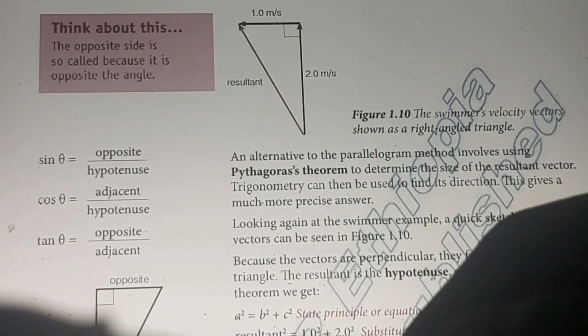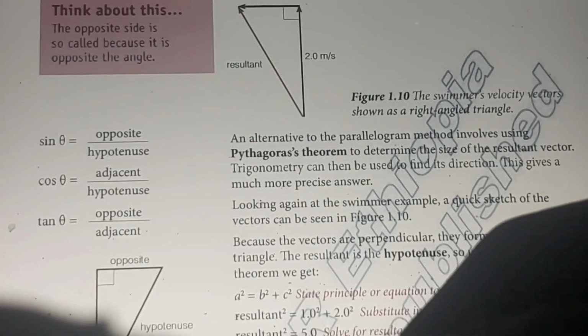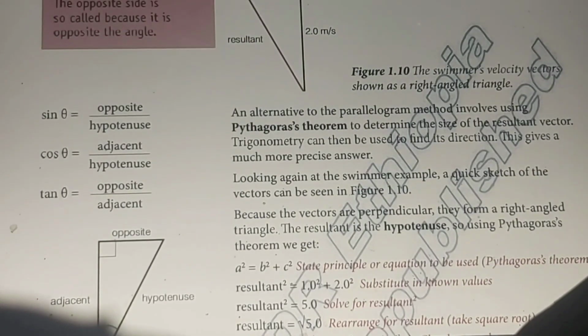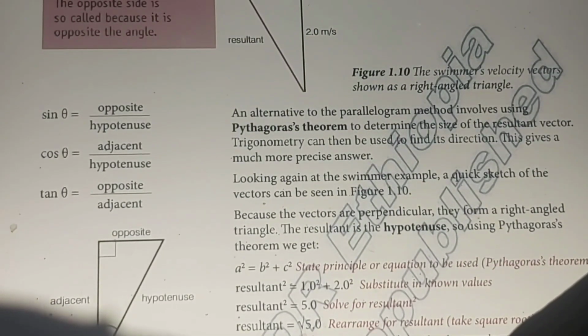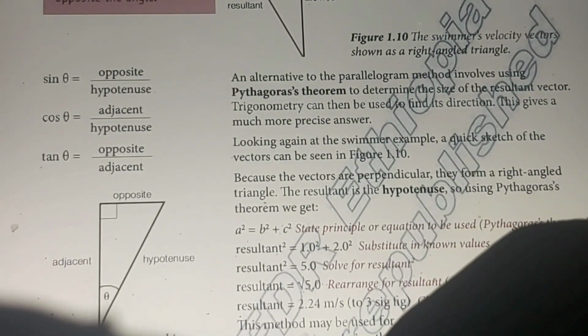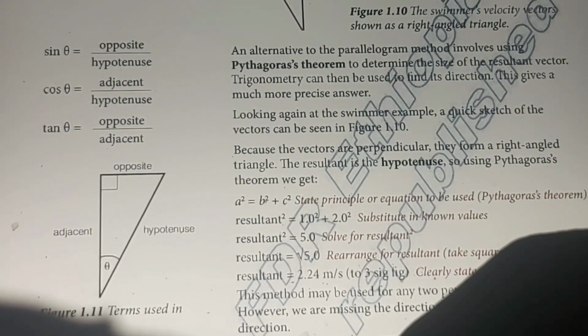Okay, student, and also from Pythagoras' theorem, we have sin theta, cos theta, and tan theta. By that method, we can have the angle, this one.